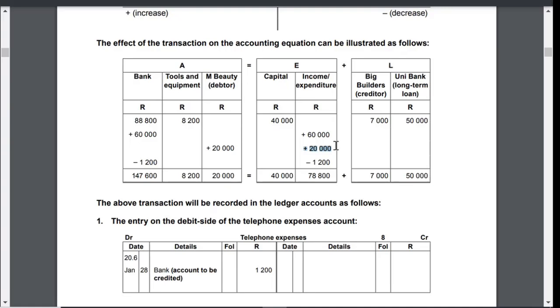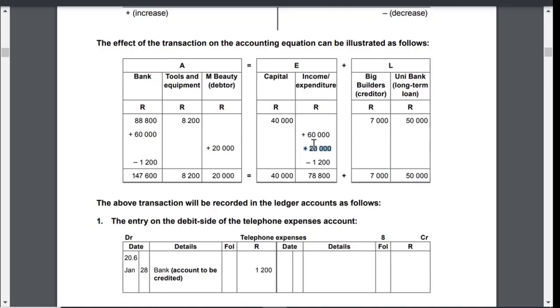Because the telephone account was debited with 1,200, it decreases owner's equity. Also always remember when you're dealing with equity, when service is rendered or when there is income coming into the business, that will always increase your equity. When a business pays expenses, those expenses will always decrease equity when you're looking at the accounting equation.